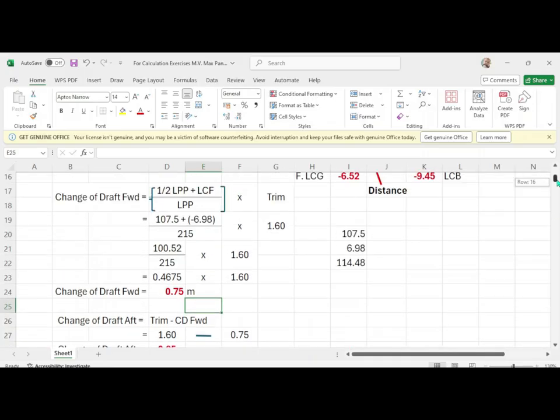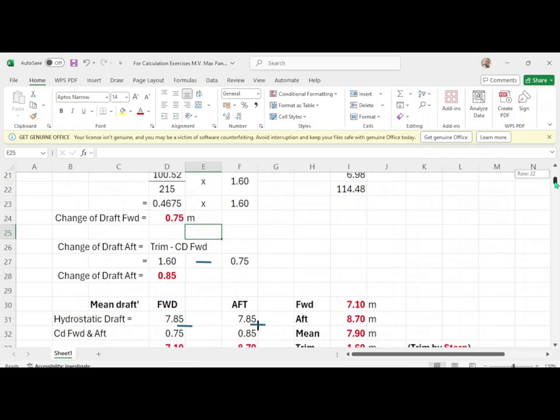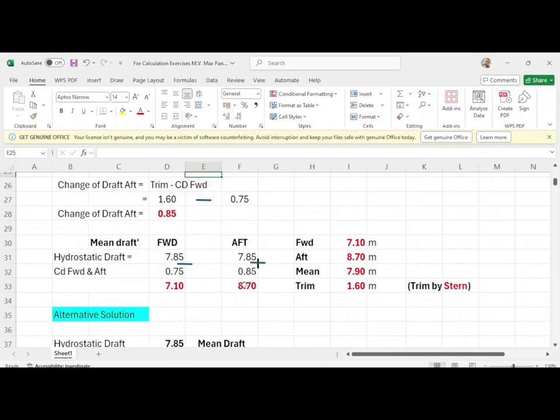and the up drop, of course, when this rises, this will sink, meaning you will have more drop. So when it sinks, you will have more drop, which means you have to add the change of drop up. So 7.85 plus 0.85, which is your change of drop, then your drop up will be 8.70.